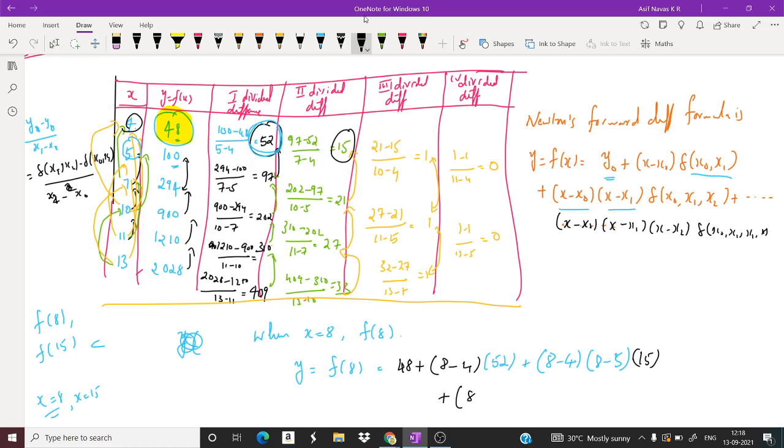So that is 8 minus 4 into 8 minus 5 into 8 minus 7 into this 1. And the other terms, this row is completely 0, therefore we can stop here. So if you calculate this, you will get the answer as 448. So f of 8 is 448.